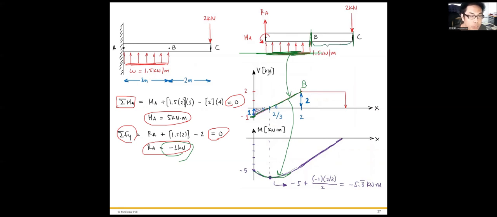Therefore, for the shear, it's a plateau. And finally, there's a point load of 2 kN applied at point C, so the shear diagram will return to 0. Also, since the shear diagram between B and C is a plateau, when we take the integration, it will become a linear relation.